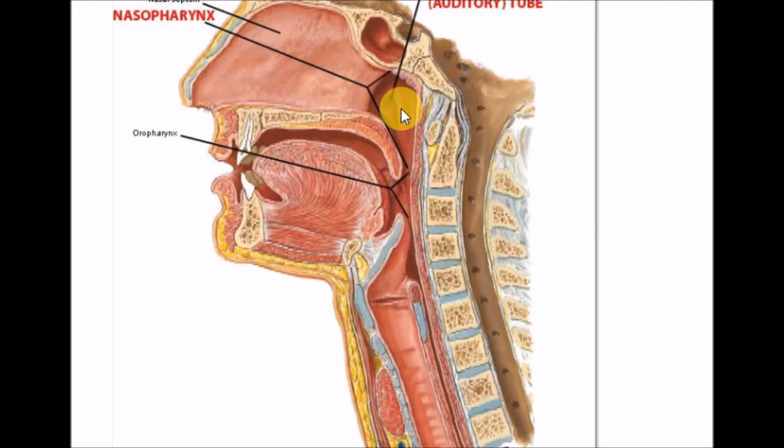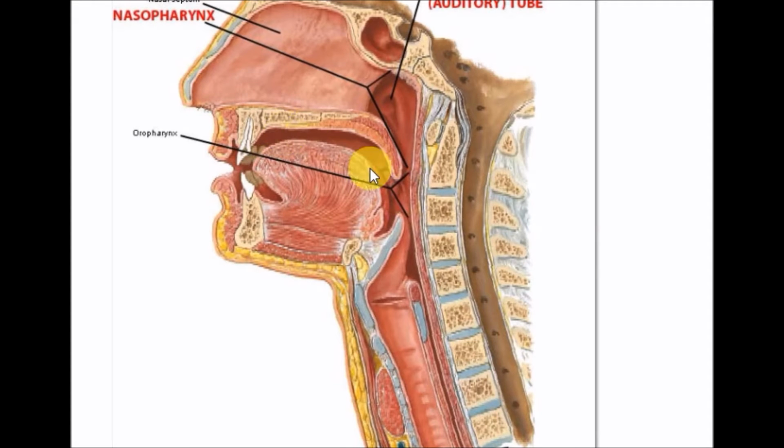The nasopharynx, besides containing the nasopharyngeal tonsils, is also the route for the air to go through and enter the oropharynx. What's the oropharynx? The oropharynx is a common cavity for both the digestive and respiratory tracts. So the air coming from the nose goes to the oropharynx, which is the middle part.